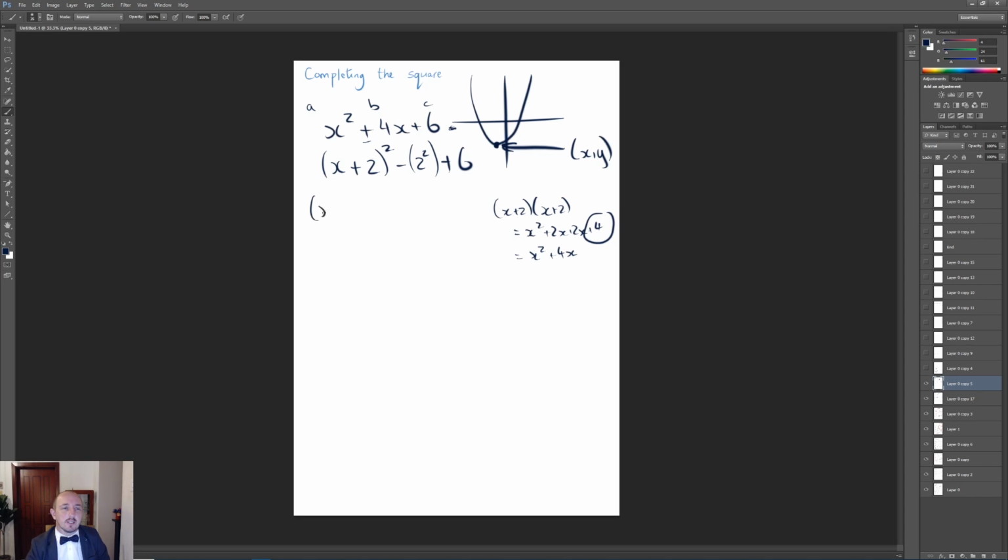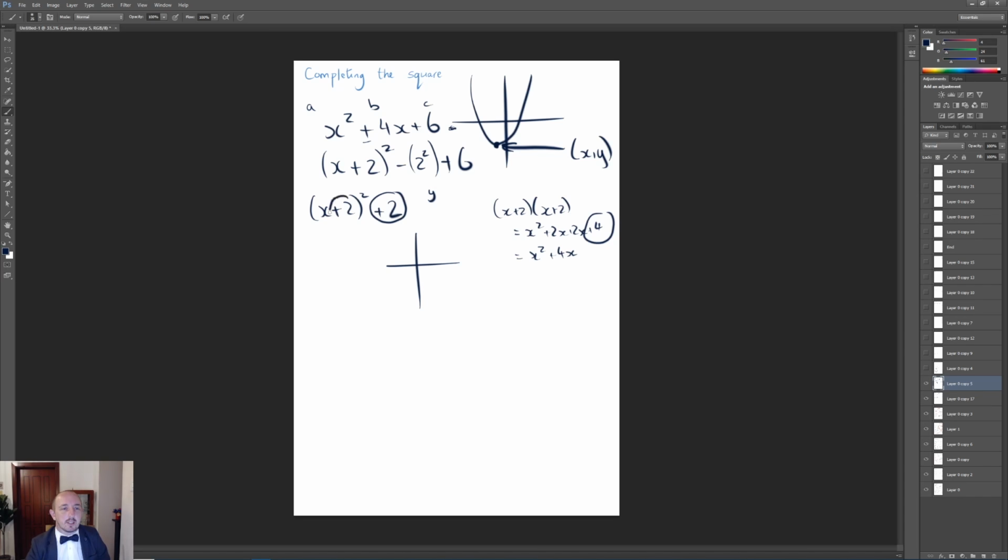So the final answer of this is x plus 2 squared minus 4 plus 6, which is plus 2. So how does that tell us where the coordinate of our vertex is, the minimum point here? We look at the plus 2, and that is the y coordinate.